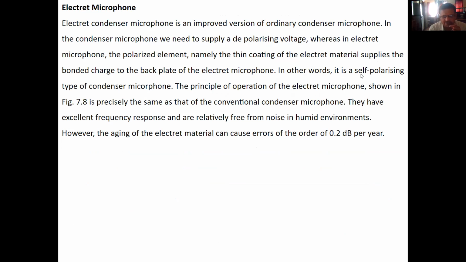In other words, it is a self-polarizing type of condenser microphone. The principle of operation of the electret microphone shown in the figure is precisely the same as that of the conventional condenser microphone. They have excellent frequency response and are relatively free from noise in humid environments. However, the aging of the electret material can cause errors of the order of 0.2 dB per year.